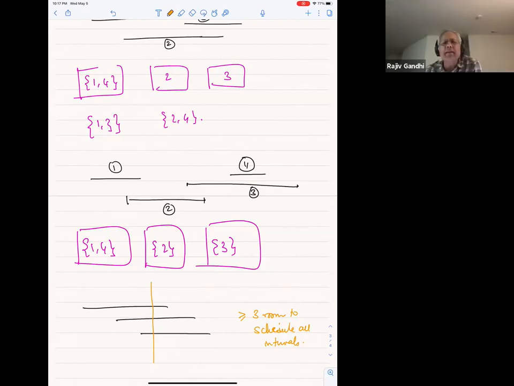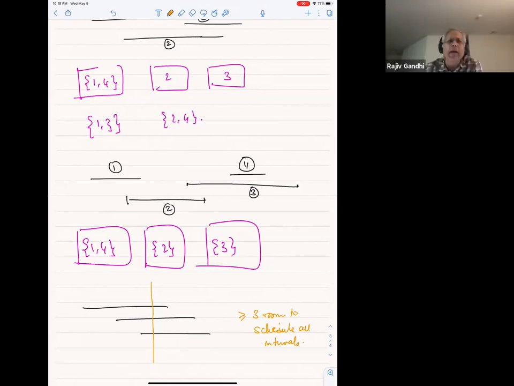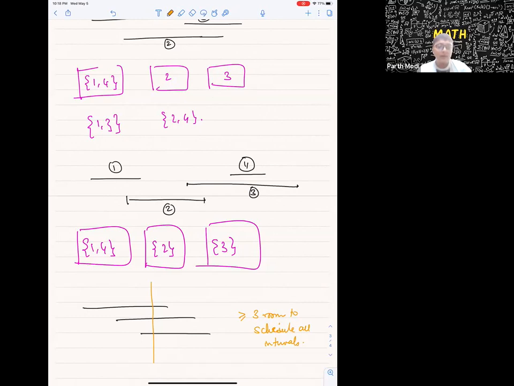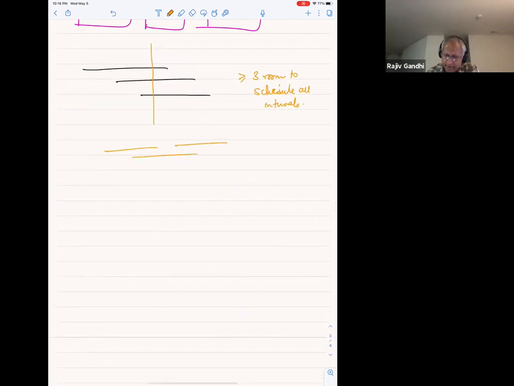No, but overlapping intervals is not a precise thing. What do you mean by overlapping intervals? Some intervals may overlap, some may not overlap. Parth, the problem is this, right? Which of 1, 2, 3, are they all overlapping? They are not merely overlapping. A pair of them overlap. So you have to be more clear. Devansh, go ahead.